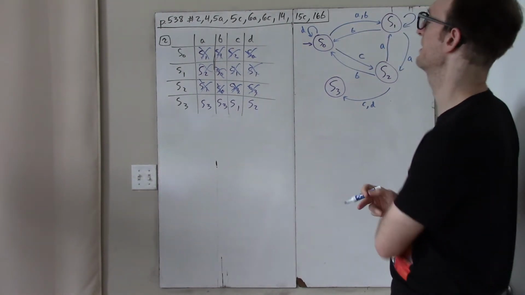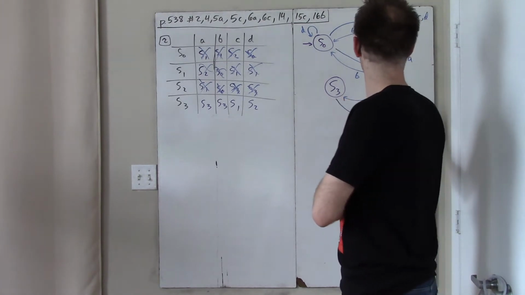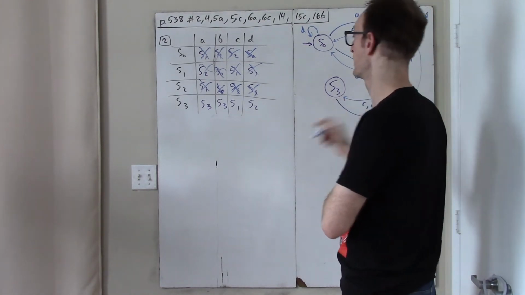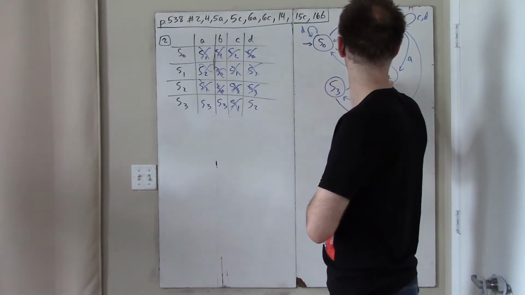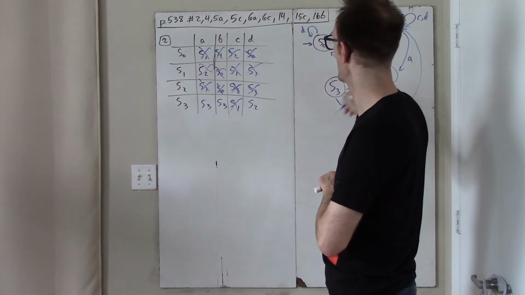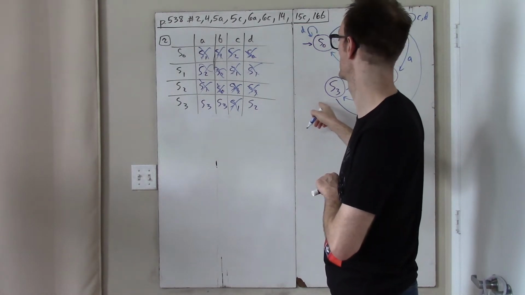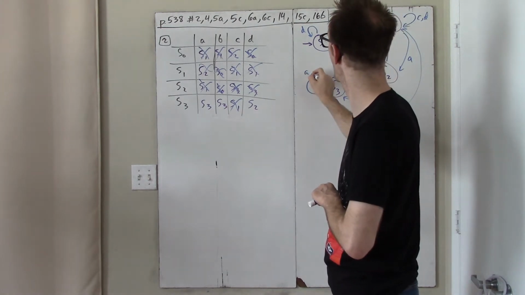Unlikely I made a mistake, but not impossible. Okay, from S3, I should go to S1 if I read a C, go to S2 if I read a D, and go back to S3 if I read an A or a B.